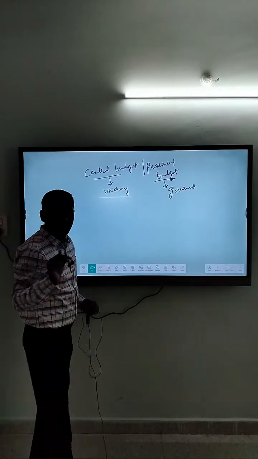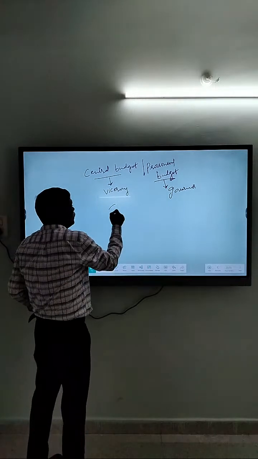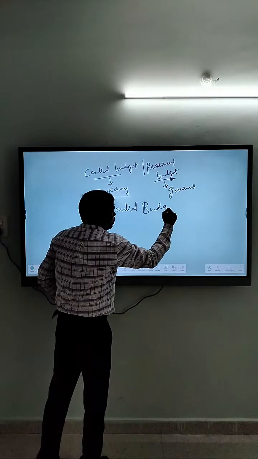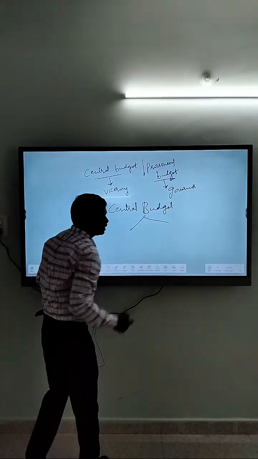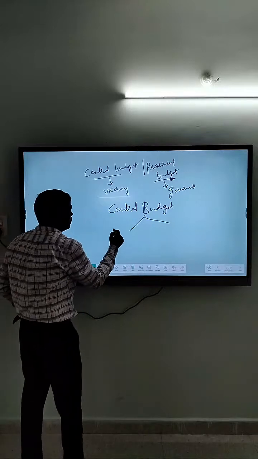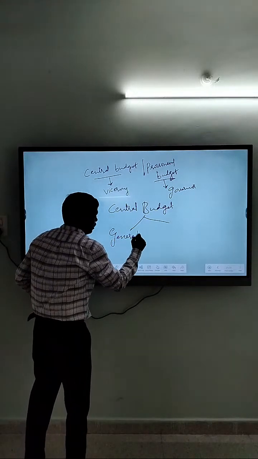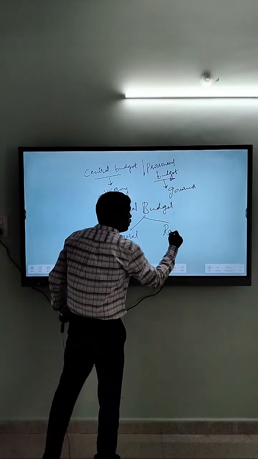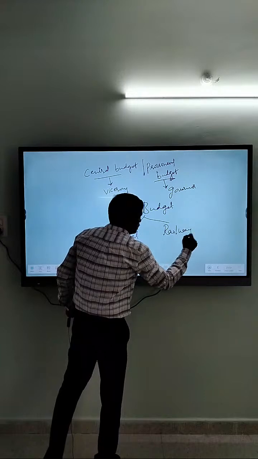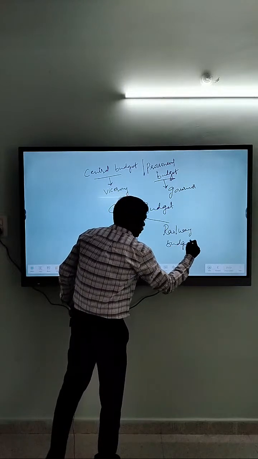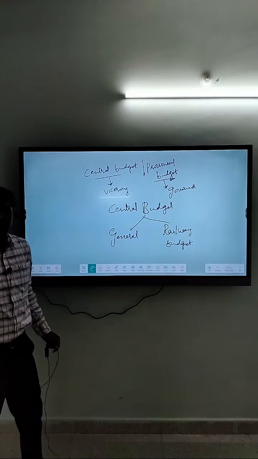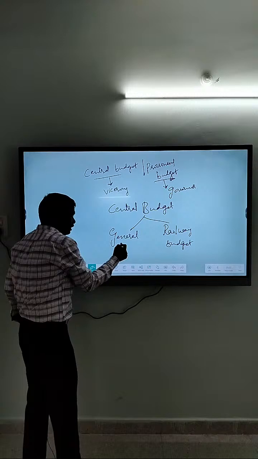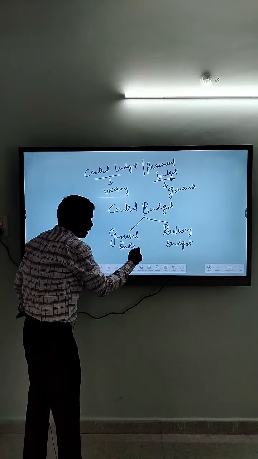Not only this, even if you take the central budget, this central budget is again divided into two parts. One is called the general budget, and the other one is the railway budget.